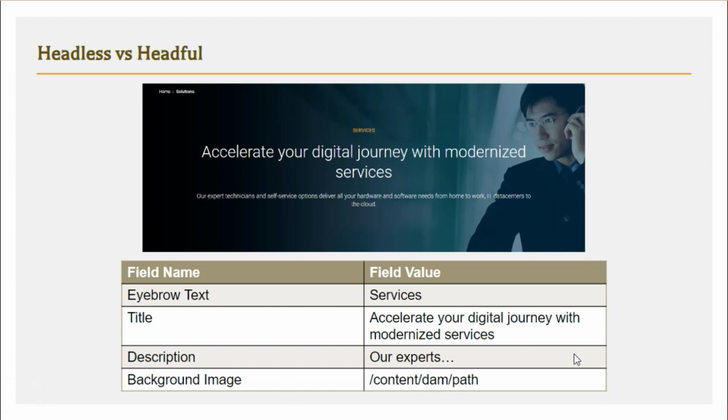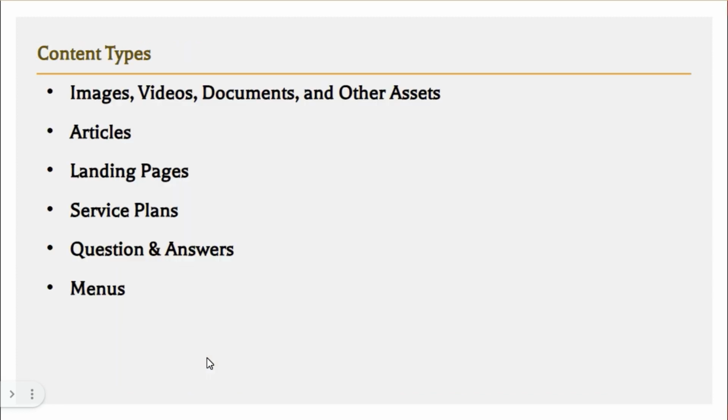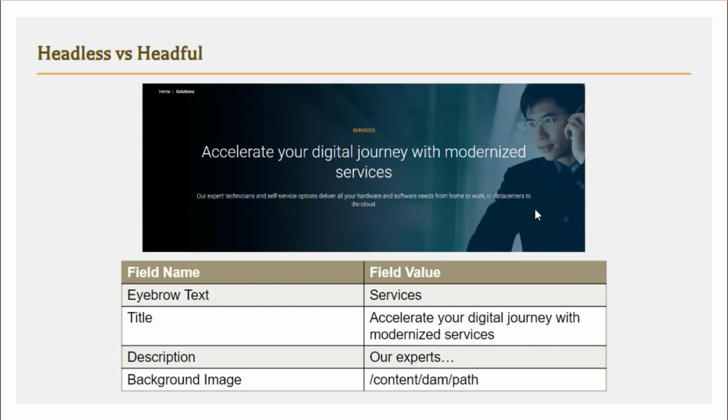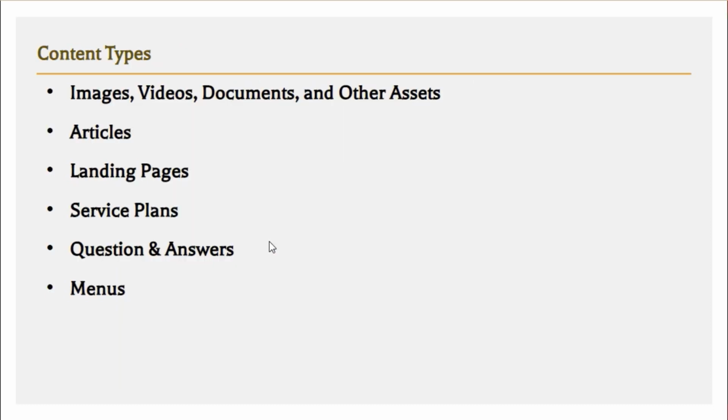In a similar way, we will give a component structure like this, and once the author enters values in the component dialog box and saves, they will get a view like this. So like this we can create different components and manage everything in AEM as we are doing today, with just the difference that we are not creating this layout. So this is all about the content types.